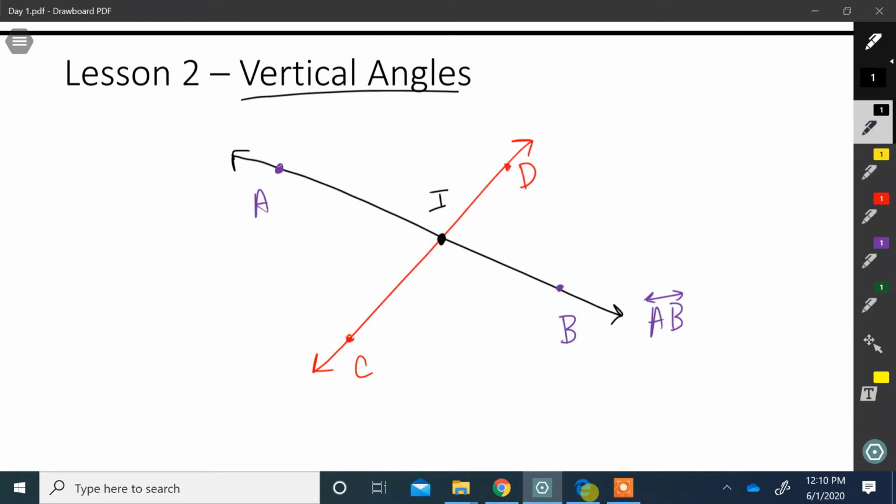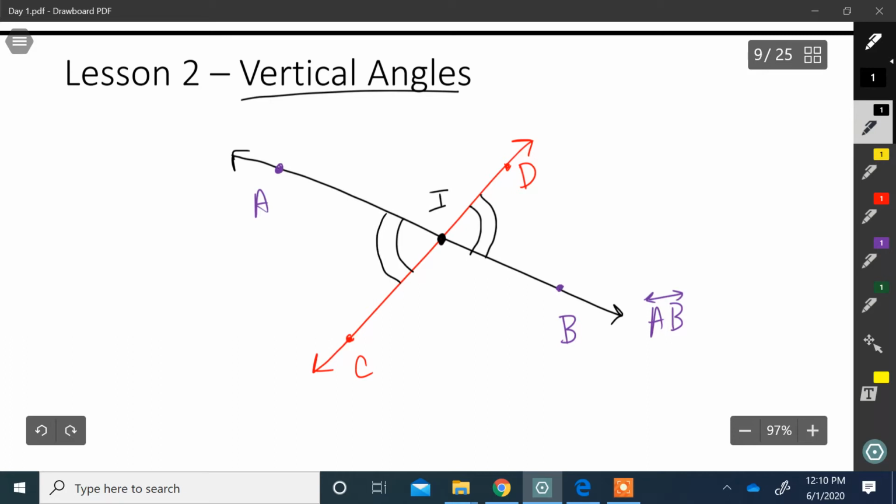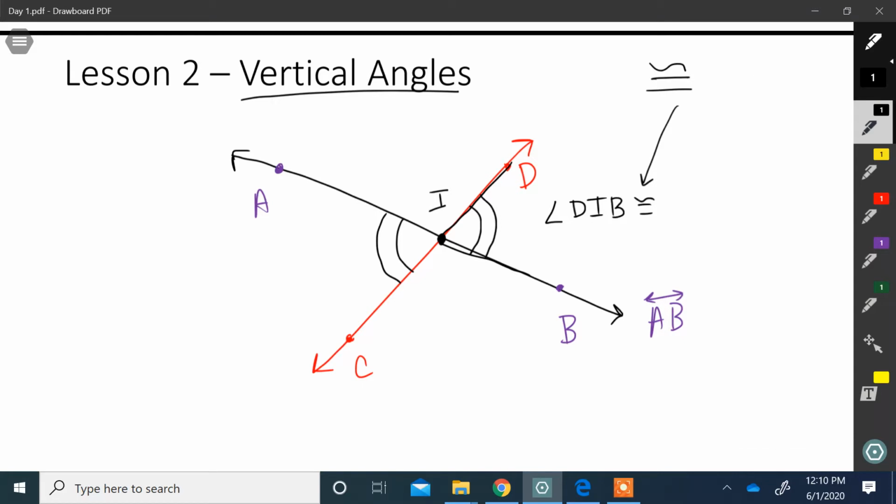Okay, vertical angles are angles that are congruent. Okay, so this right here, angle DIB is congruent, okay, this right here, the equal sign and a little squiggly line like that means congruency.